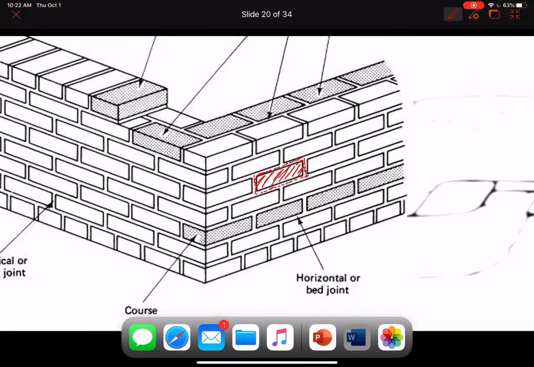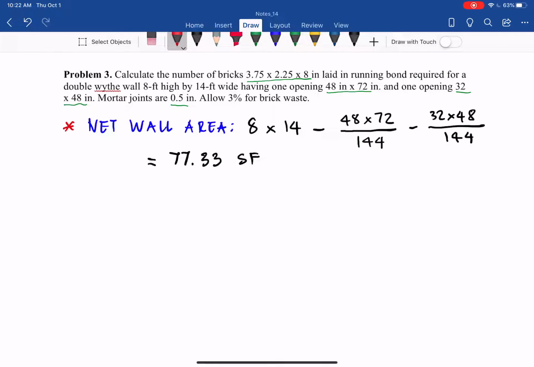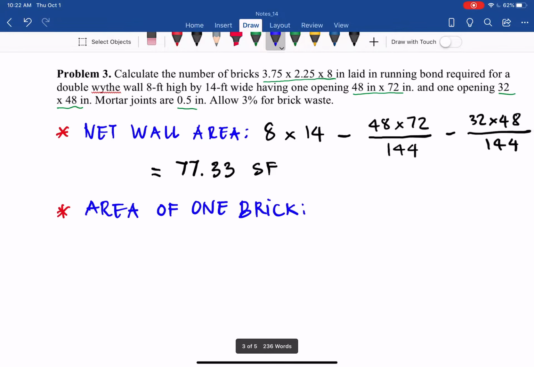From that we can determine the area of one brick. For each side we need to add the mortar joint, which in this case is 0.5 inches as the problem gives us.